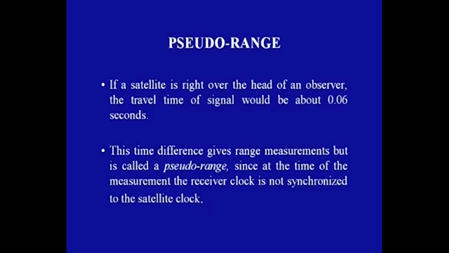If a satellite is directly over the head of an observer, the travel time for a signal would be about 0.06 seconds, which is a very small time. Well, this time difference gives range measurements, but it is called a pseudo range since at the time of the measurement the receiver clock is not synchronized to the satellite clock.